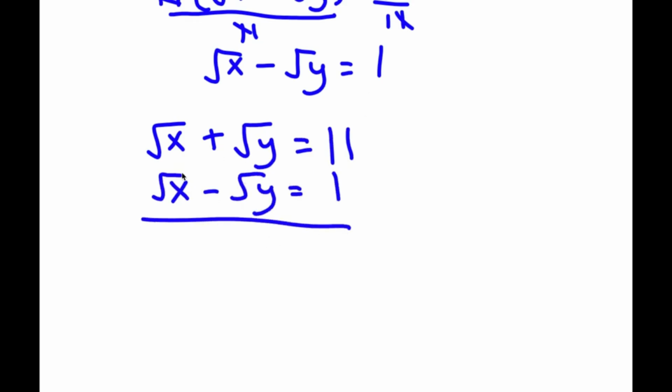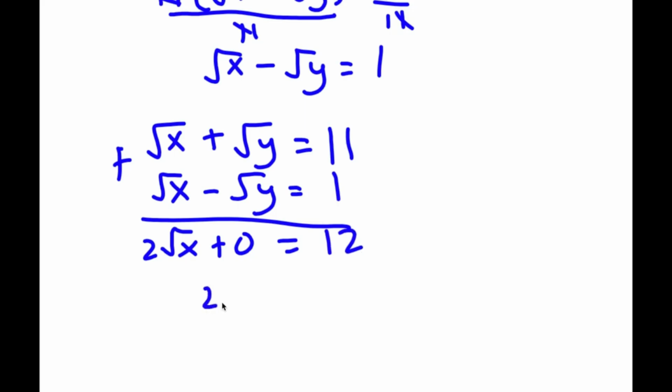If I go ahead and add these two equations, the square root of x plus the square root of x is going to be 2 root x. And now the square root of y minus the square root of y, well, anything minus itself is simply 0. So plus 0 is equal to 11 plus 1, that is going to be 12.